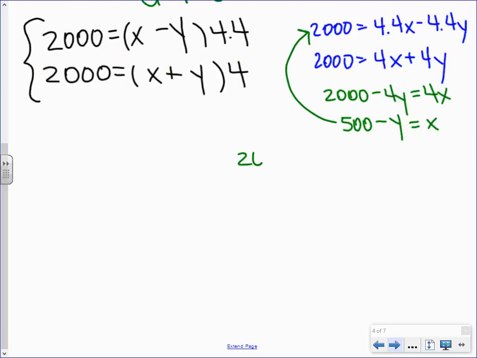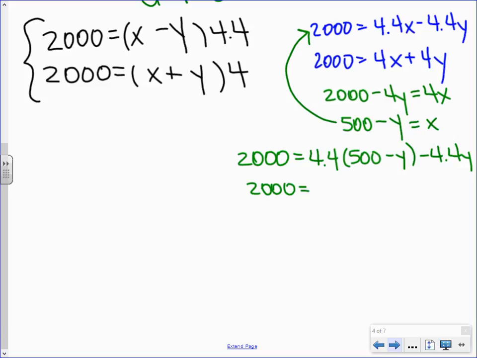So we have 2,000 equals 4.4x minus 4.4y. What's 4.4 times 500? 2,200.